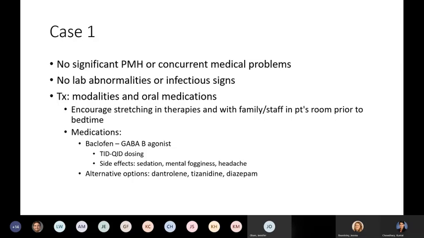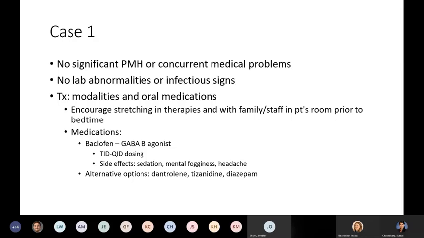So this patient is not really on any formal treatments at this point and is just starting to develop tone. We'd probably want to consider things like modalities, therapies and oral medications to start. So stretching, we kind of take for granted in the inpatient rehab setting, as obviously therapy is happening for the patient multiple hours a day, so modalities necessary for tone management are happening.